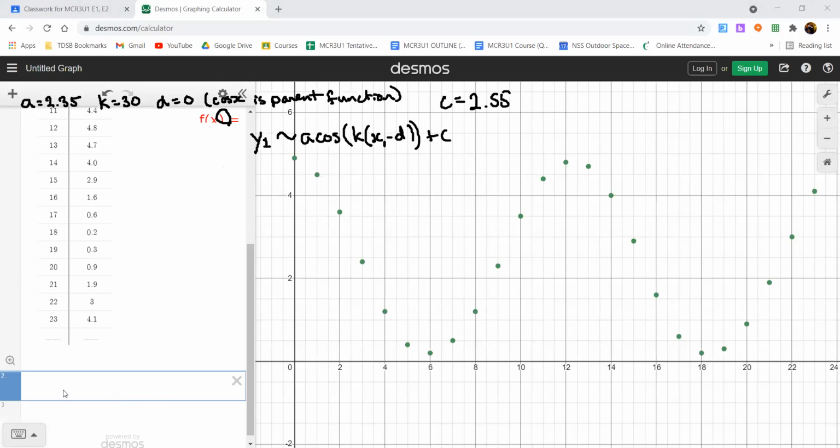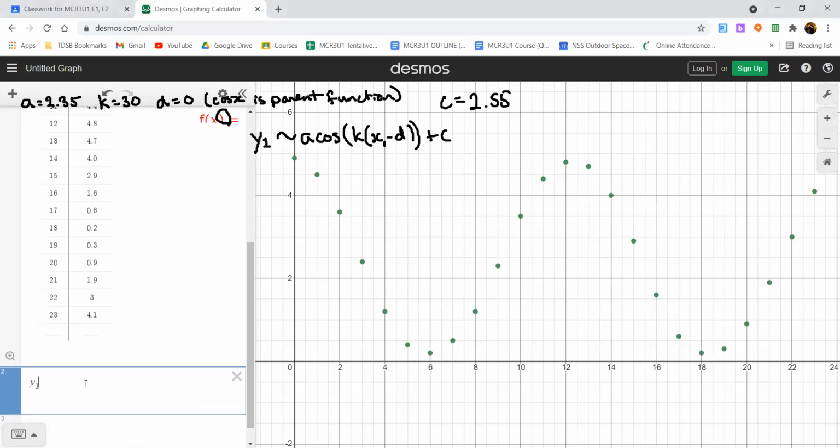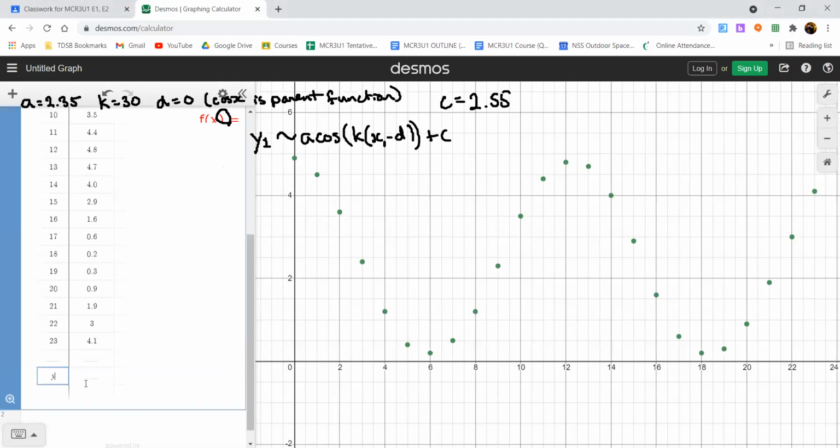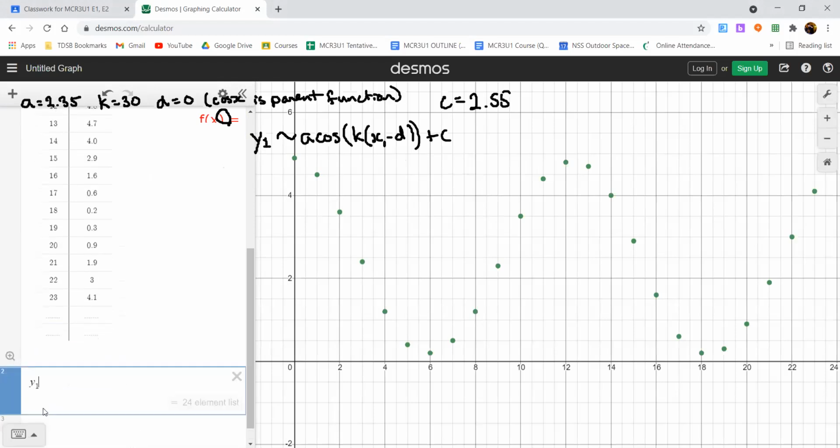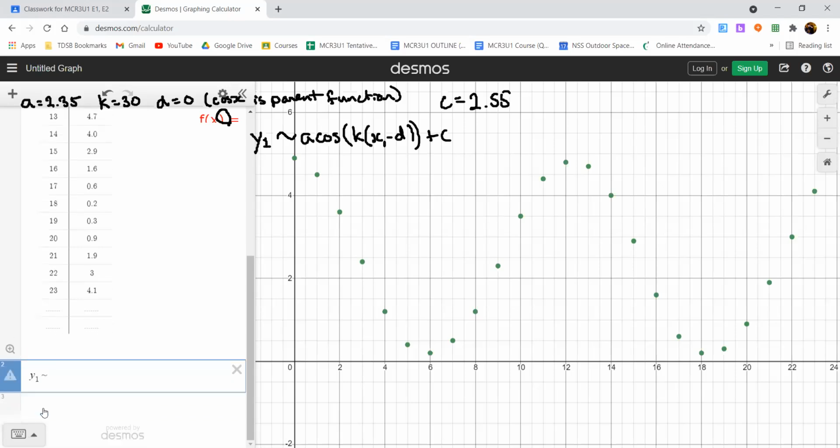I'm going to type in y1. And when you type in y1, the Desmos program automatically knows to put it as a subscript of 1. So you don't have to do anything special. y1, tilde.